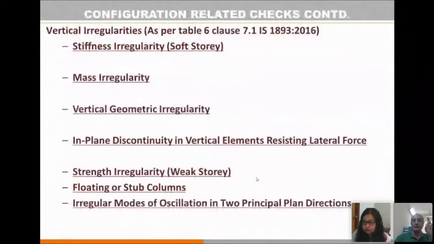Similarly, the provisions given in Table 6 of 1893 should also be checked in terms of stiffness irregularity, mass irregularity, vertical geometry irregularity, then discontinuities and strength irregularity checks.